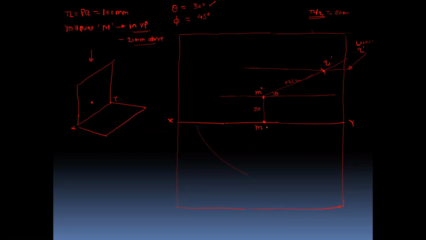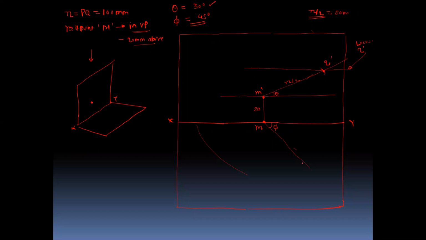Okay. Now from the top view, take the angle 45 degrees. Right now we are assuming the line is parallel to the horizontal plane, so we can observe the true length of the line in the top view. So draw the angle 45 degrees. This is the phi angle.